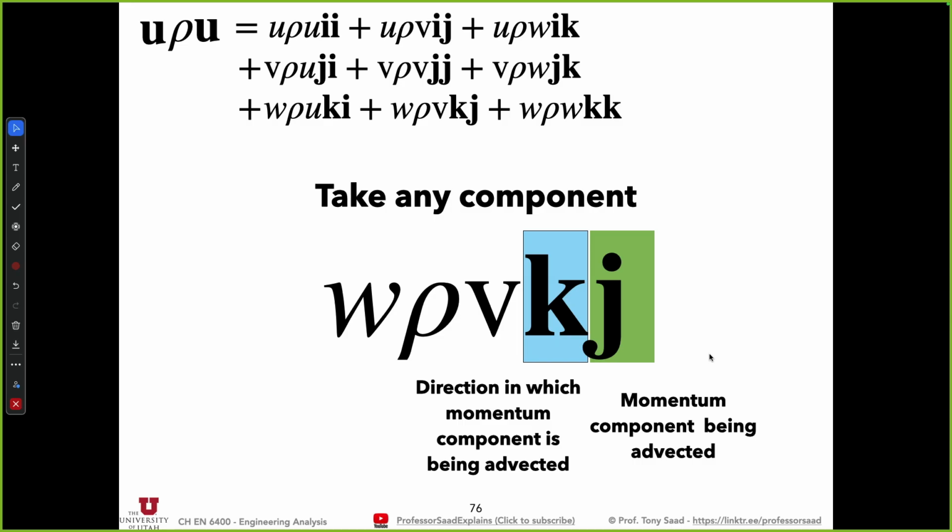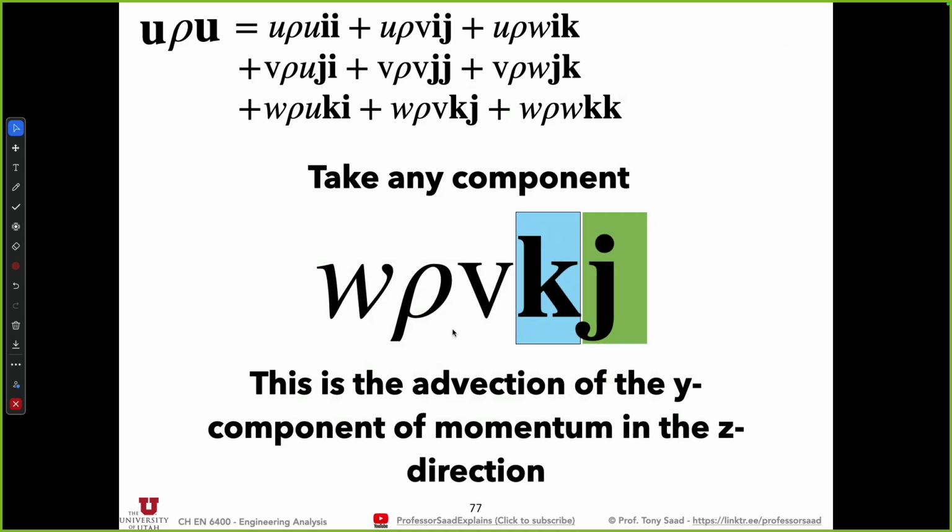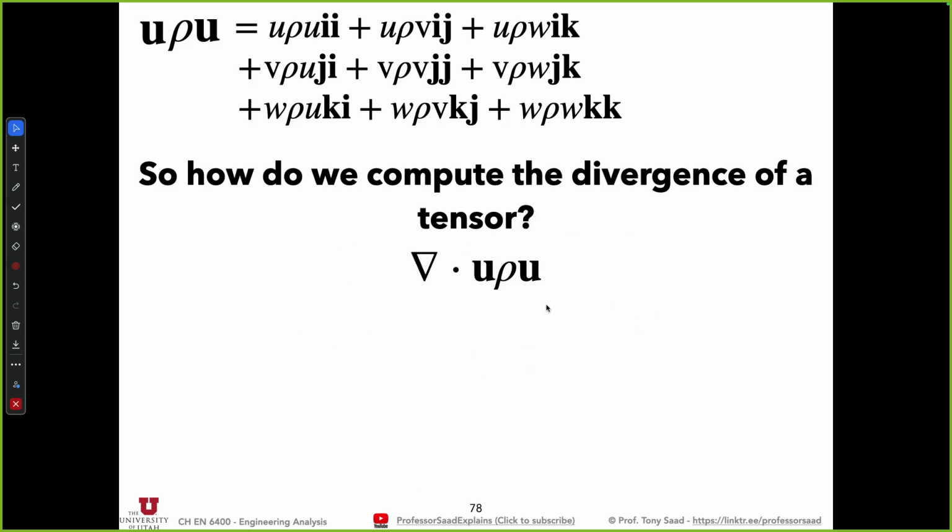The first index or the first unit vector is going to tell me which direction it's being advected in. Okay? Now this is again the advection of y momentum, rho v, in the z direction using the w velocity component. Okay, great.